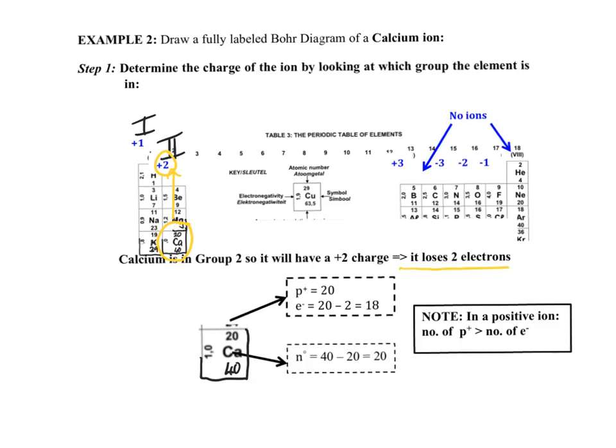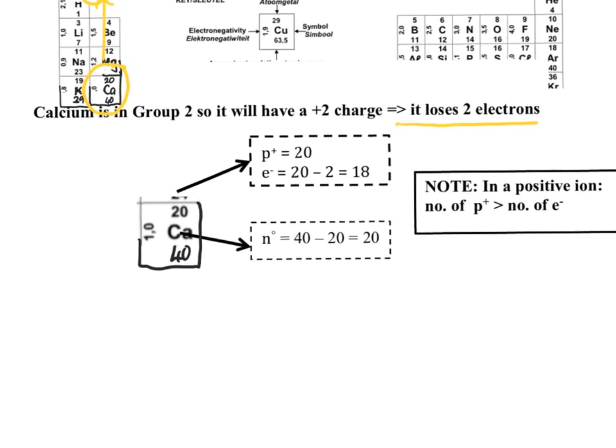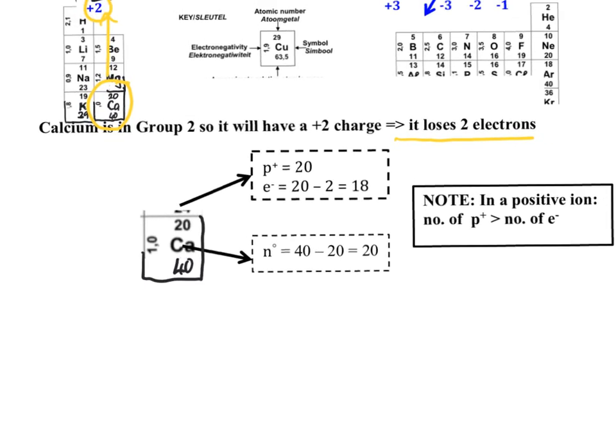Therefore, if we look at the number of protons and the electrons, we know that the neutrons are going to be 40 minus 20. Get that out of the way. The protons is going to be 20 from our atomic number, and the electrons is going to be 20. But wait a minute, it's lost 2 electrons.